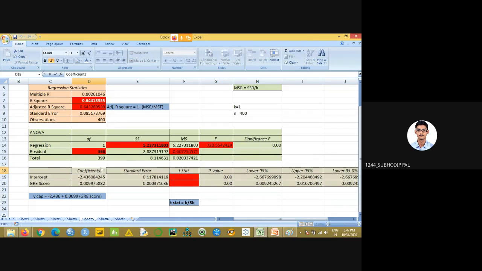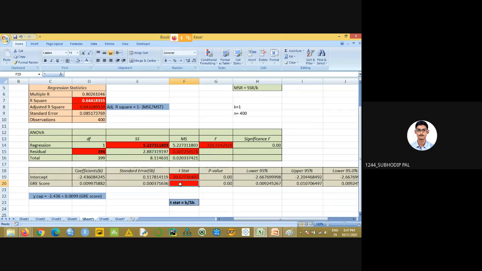So this is my B value, right? B naught, not B1, remember? And this is my SB, the standard error. So for this, my t statistics is this B value divided by this one.